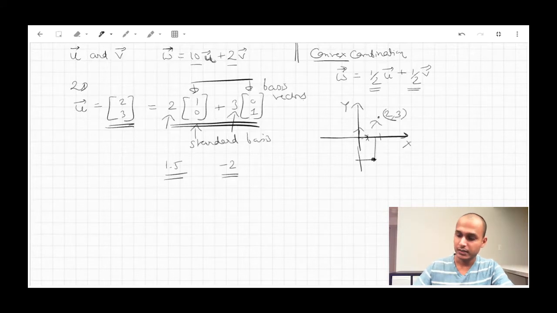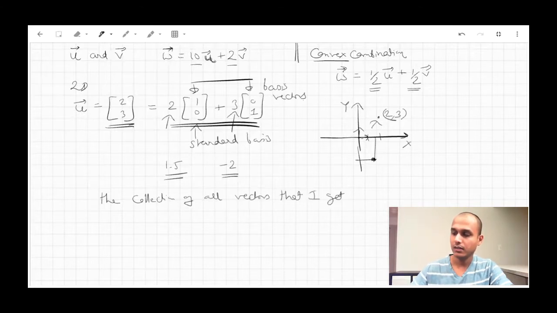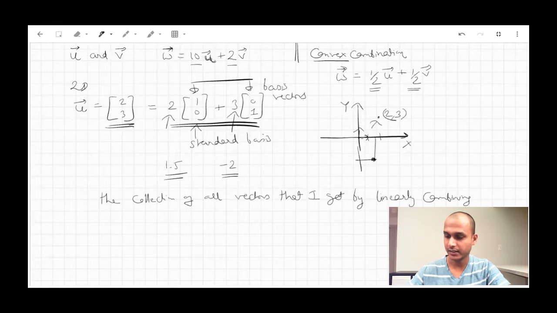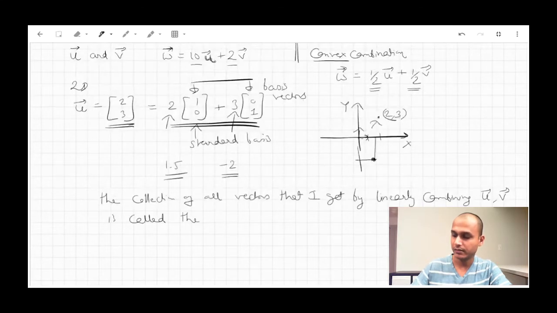So the collection of all vectors that I can get by linearly combining any two vectors, let's say u and v, is called the span of u and v.